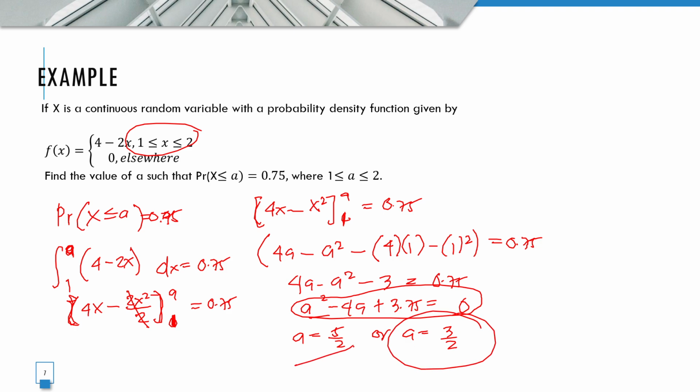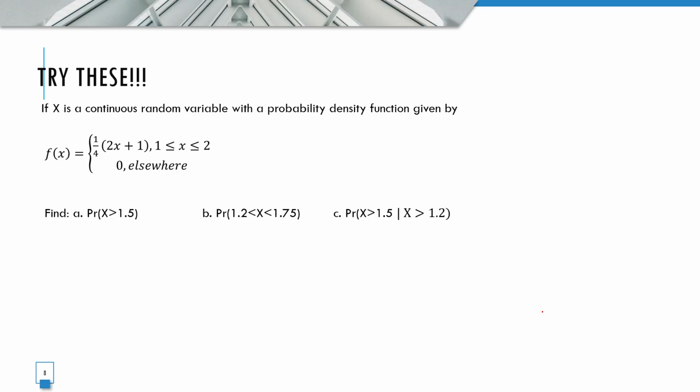The other is not included because 5 over 2 is greater than 2. So therefore, the value for a is equal to 3 halves as part of the interval. So try this at home and complete or solve this one. And thank you so much for listening.